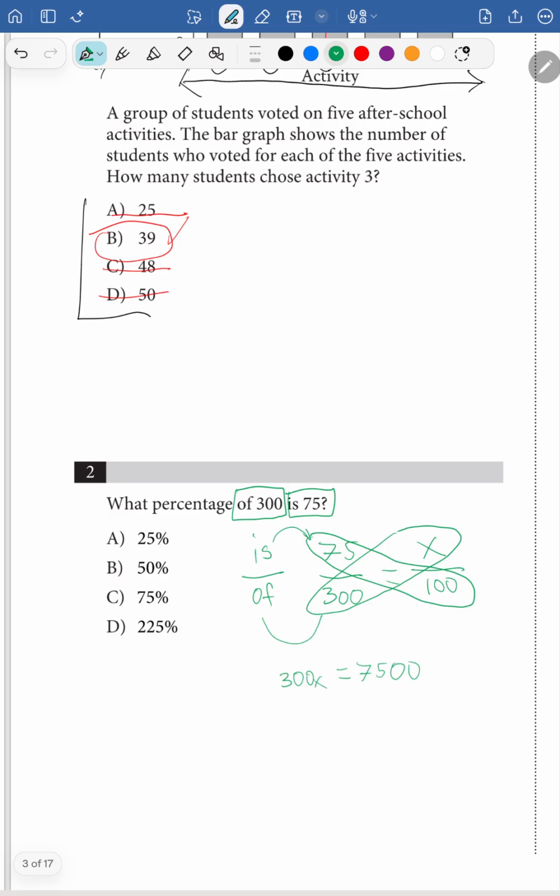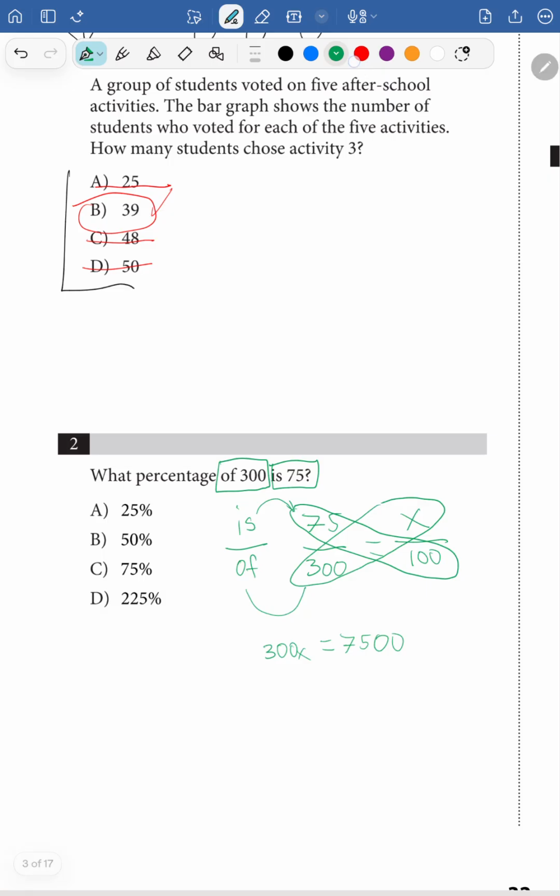Now here we just solve for x. This right here is a one-step equation, because you need to do one thing in order to solve for x. So here we would divide by 300.